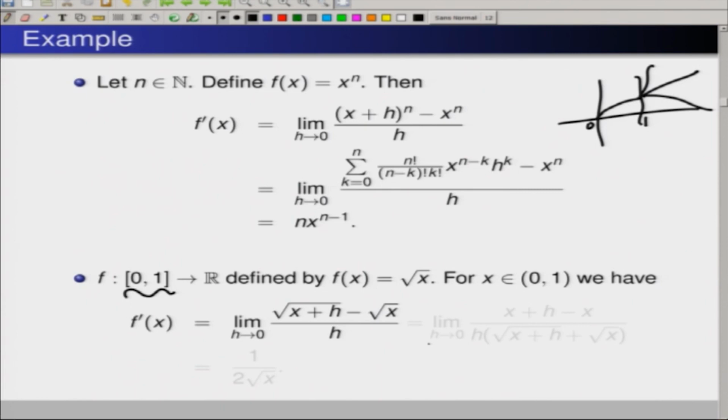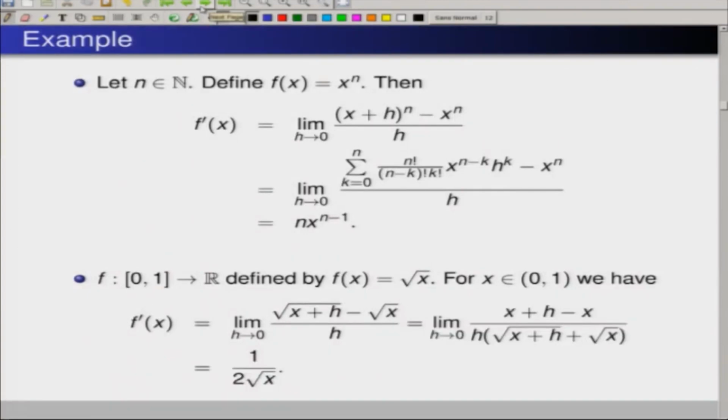This is a usual technique, which we are quite familiar with. To get rid of this problematic term, square root of x plus h, I multiply and divide by square root of x plus h plus square root of x, so that this is a minus b into a plus b. So this is this square minus this square, which means x plus h minus x, divided by h times this.